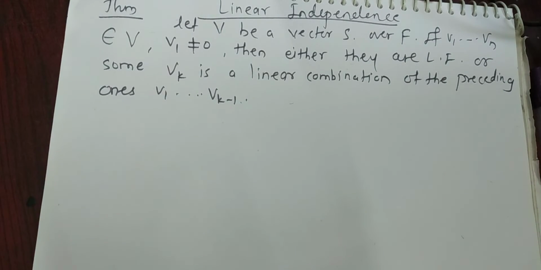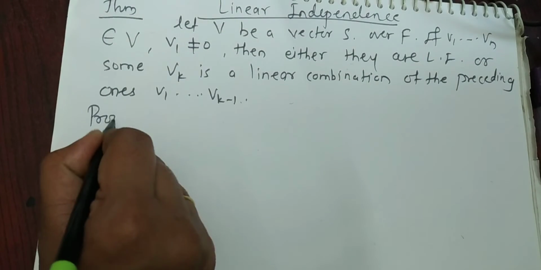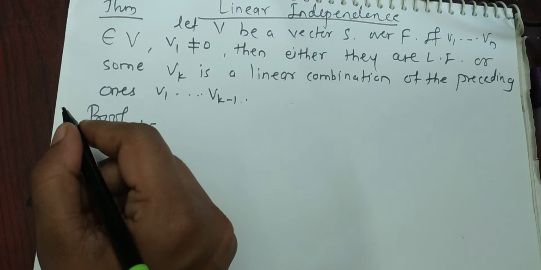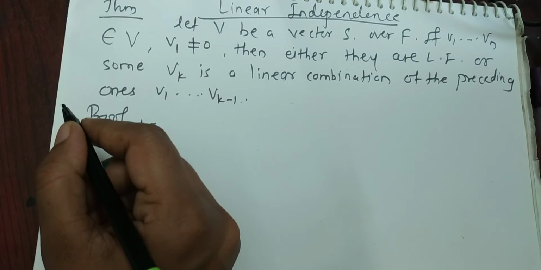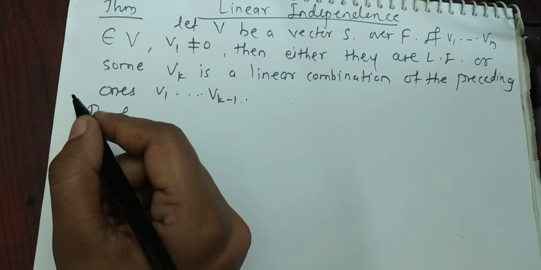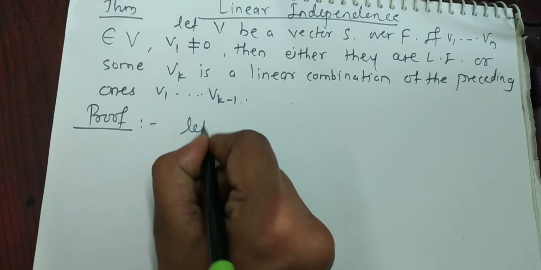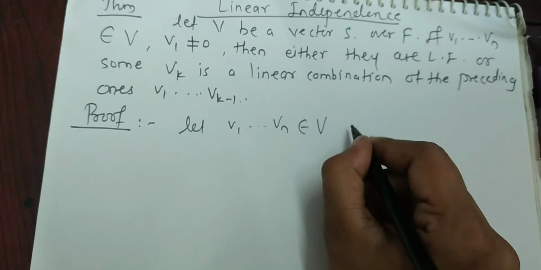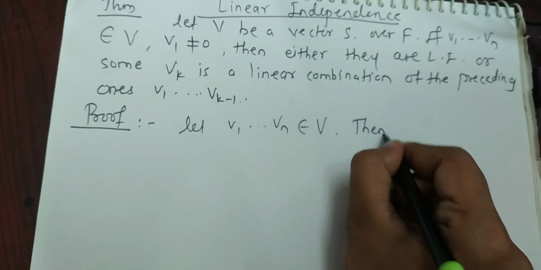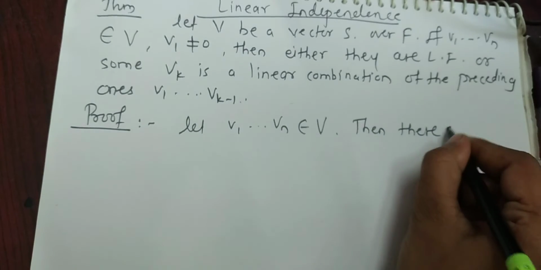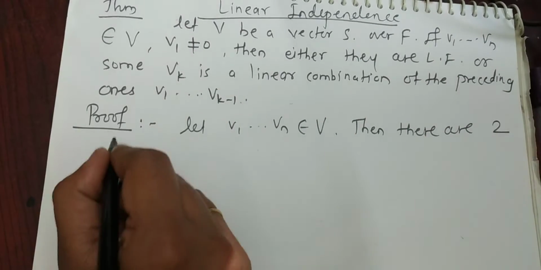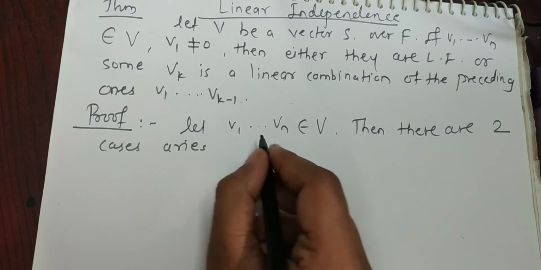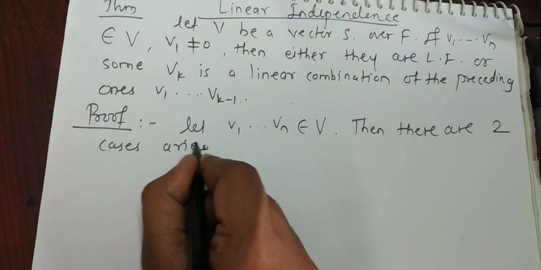Okay. The proof is very easy. If v1, v2, ..., vn are linearly independent, then we have nothing to prove. Let v1 up to vn belong to V. Then two cases arise.